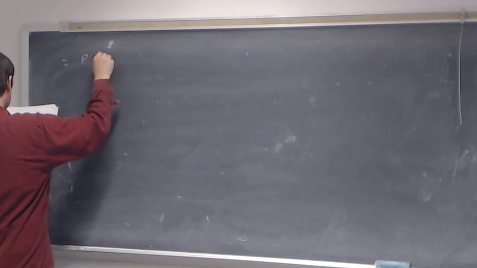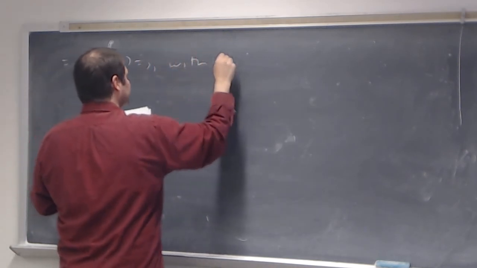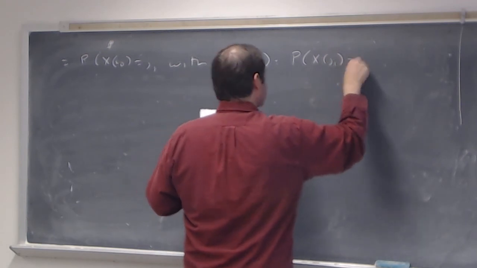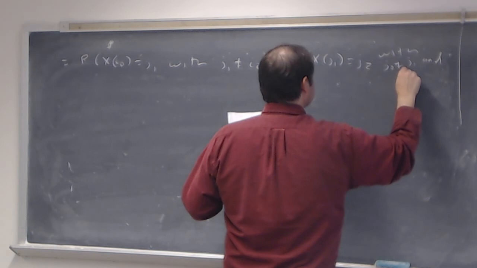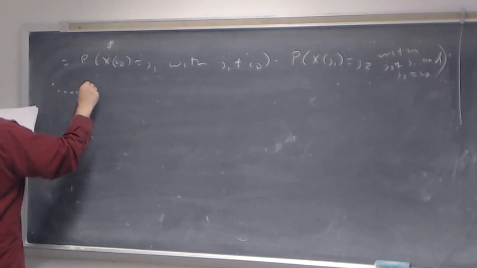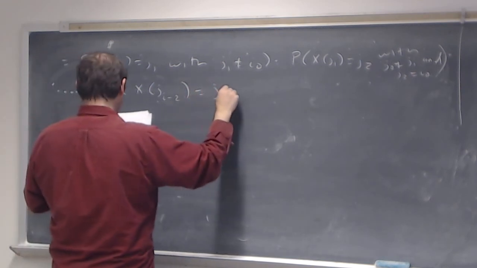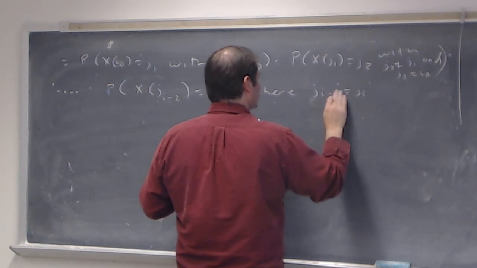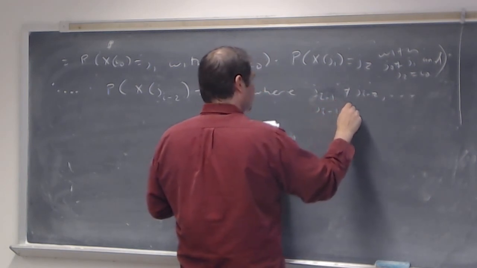So this is equal to the probability that X of i naught is equal to j sub 1 with j sub 1 different than i naught, times the probability that X of j1 is equal to j sub 2 with j2 different than j1 and i naught, times, all the way up to the probability that X of j sub i minus 2 is equal to j sub i minus 1, where j sub i minus 1 is different from the previous ones, and so forth down to i sub naught.